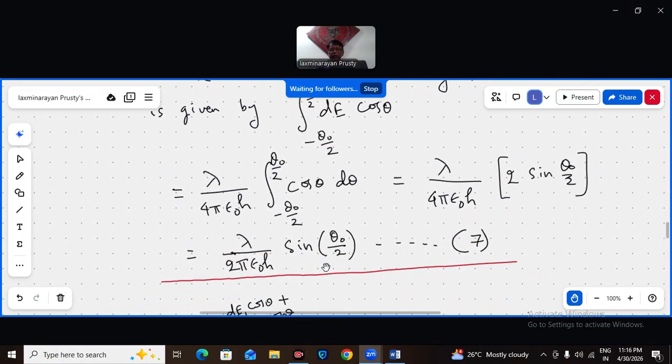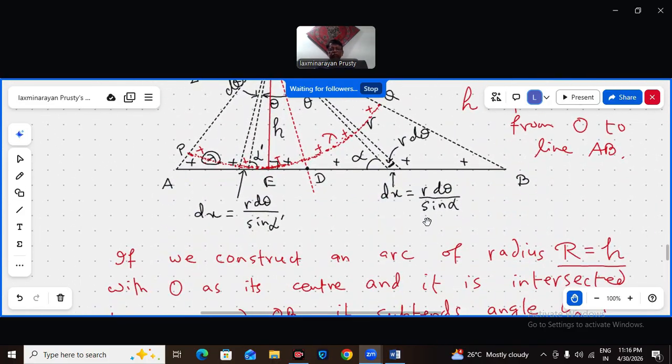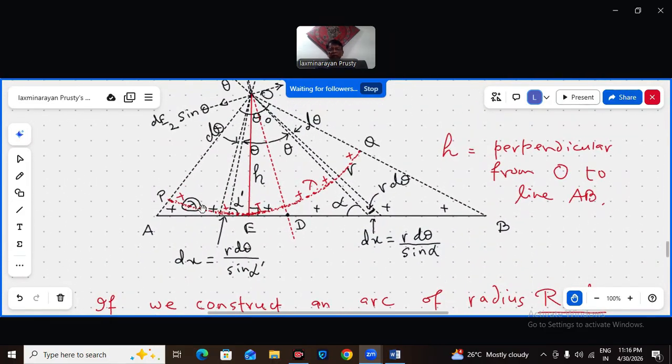So I got this for the line charge distribution, and this is for the same. I construct an arc with h as the radius and O as the center, and on the arc, the red arc you see, I give the same linear charge density lambda as given to the line charge distribution.